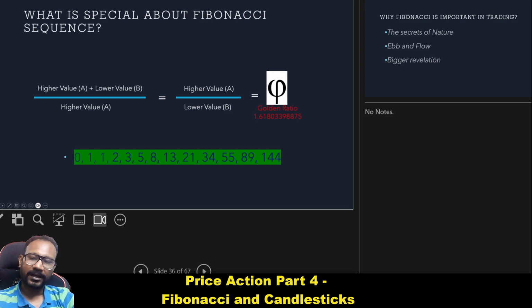As you move higher in the sequence, the ratio stays consistently at 1.618. And that is said to be something mysterious, something to do with nature and its geometry, and that's something we can use in trade as well. How can we use this in trades?